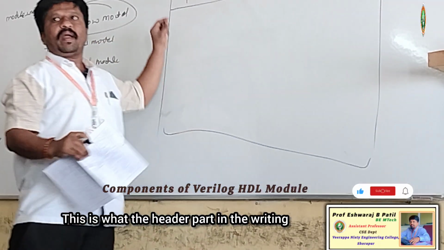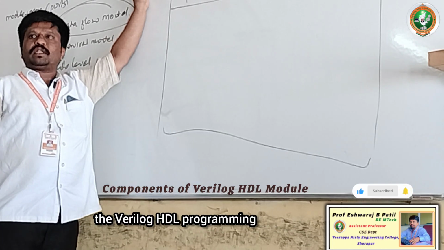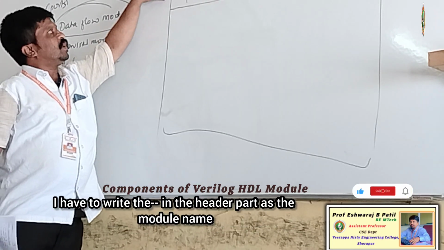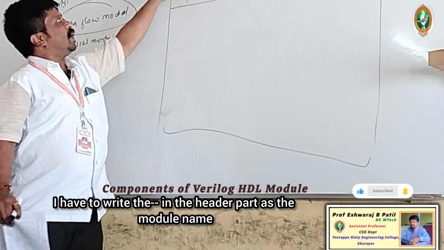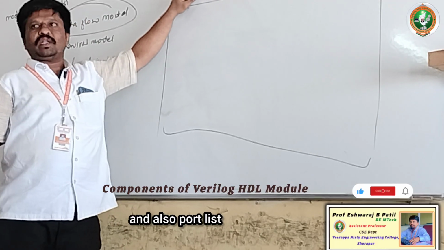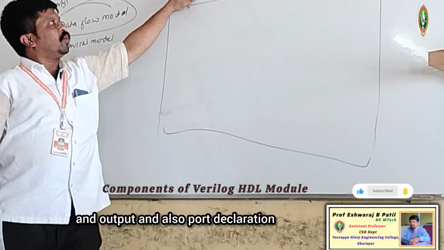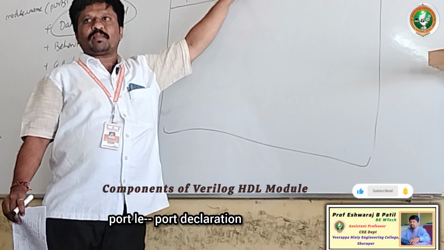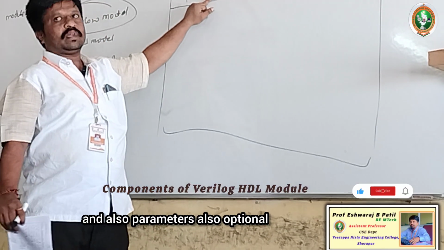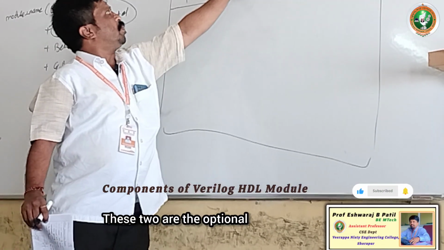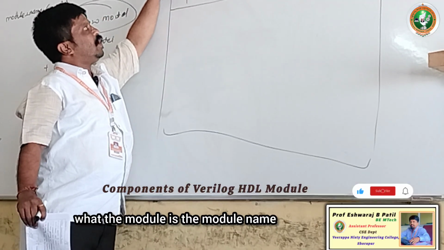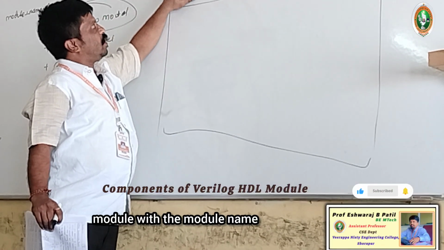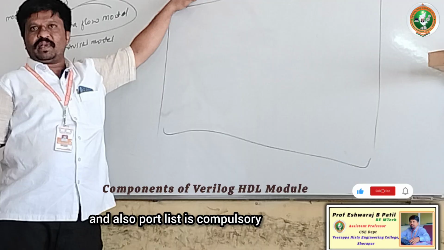This is the header part in writing Verilog HDL programming. In the header part I have to write the module name and also the port list, that's nothing but the inputs and outputs, and also port declaration. If it is necessary, only then you define the port declaration, and parameters are also optional. These two are optional. The compulsory ones are the module with the module name, and the port list.